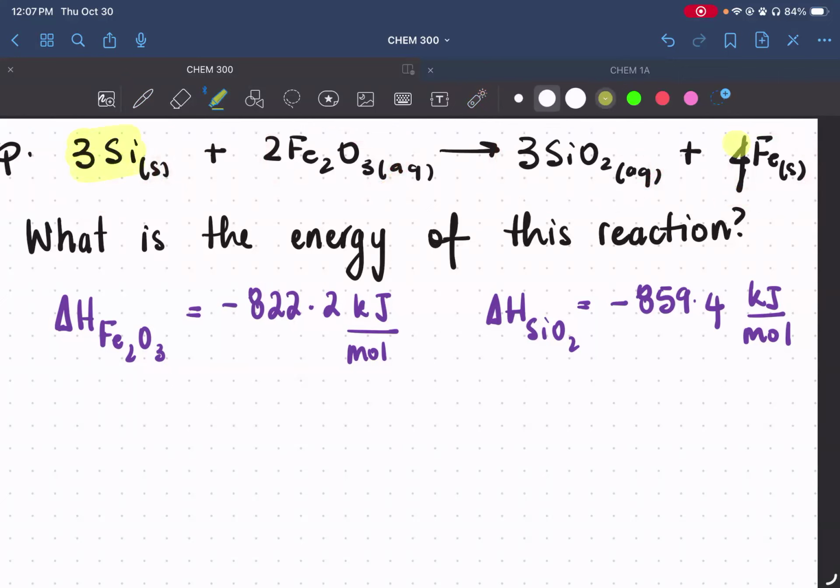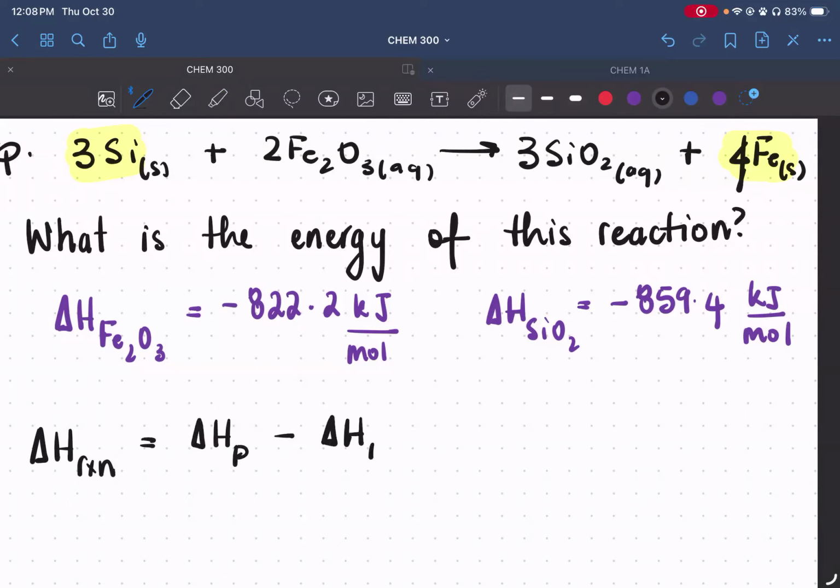Since they're just elements by themselves, they will have an energy of 0. So they will not be really incorporated, not significantly anyway. So we can jump straight into the equation. We know that the delta H of the reaction is equal to delta H of the products minus the delta H of the reactants.